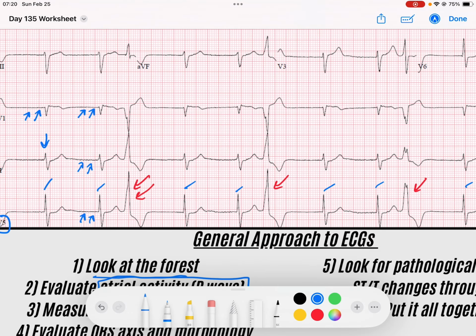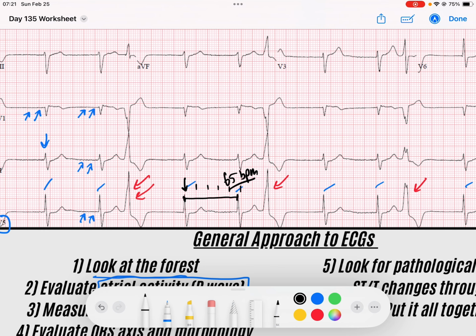Maybe I'll find two narrow complex QRSs that are right on a solid line: 300, 150, 100, 75, 60. So maybe 65 beats per minute in between these two QRSs.